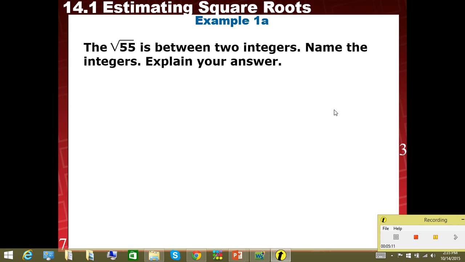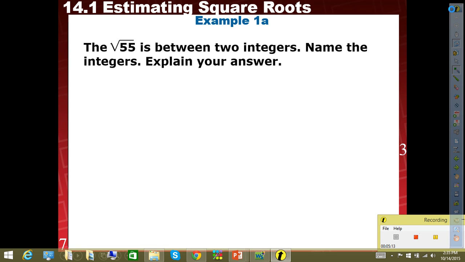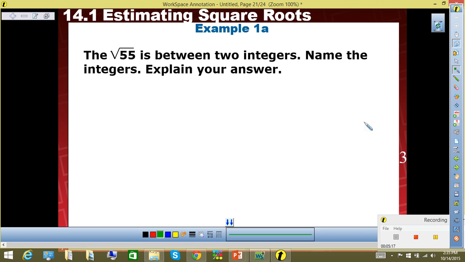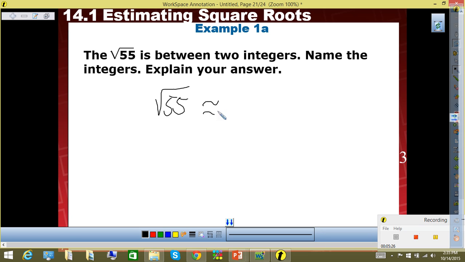Here goes the example. This is how you do these. Look up. Since we're going to be doing the same thing that we did earlier, I need to start first with the square root of 55. We're going to estimate to see what this is. But first, we need to find two perfect square numbers where this one is in between.